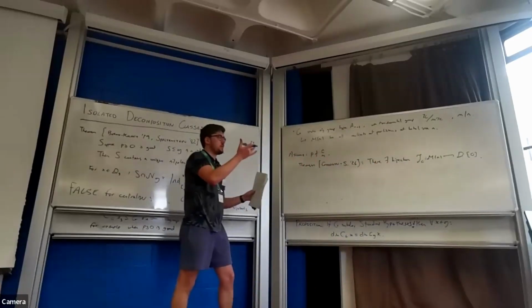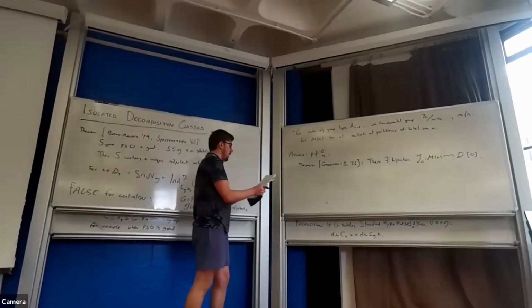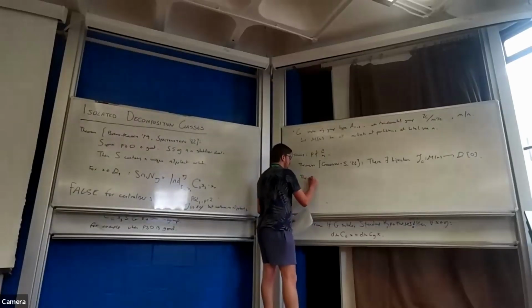Things like the dimension of a decomposition class are very easy to compute combinatorially, and all the information that you want out of it.